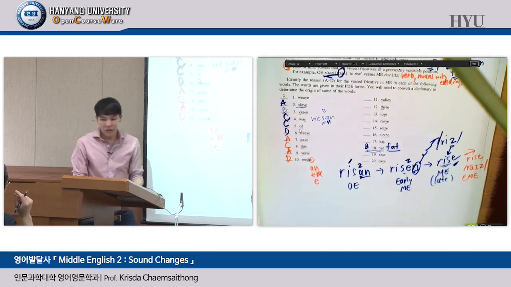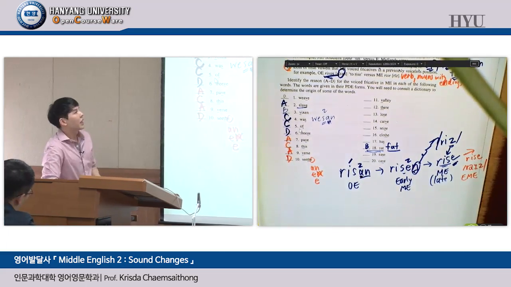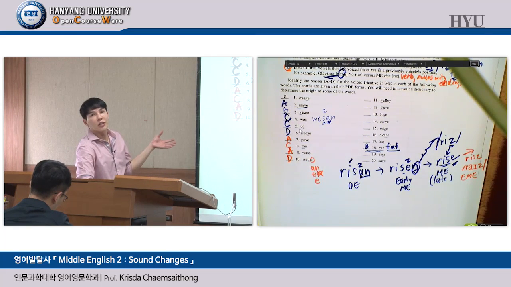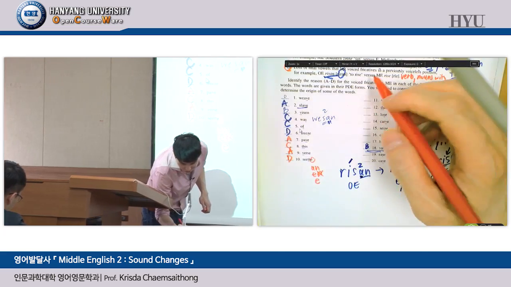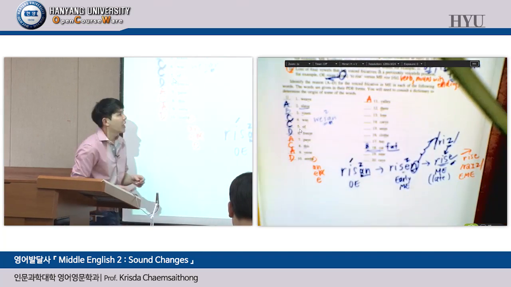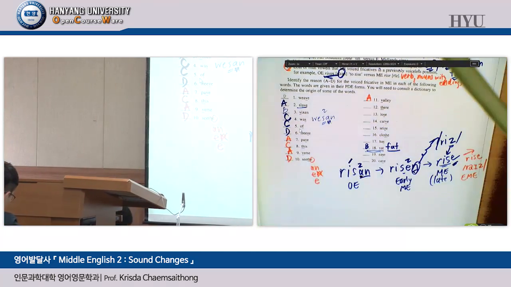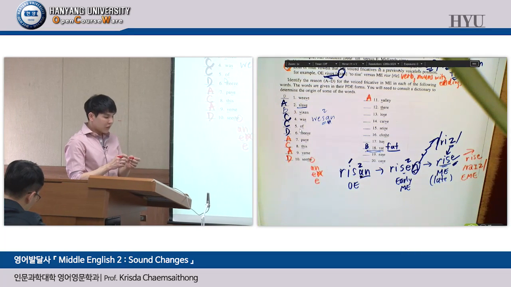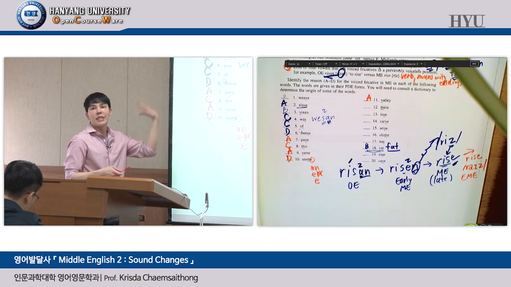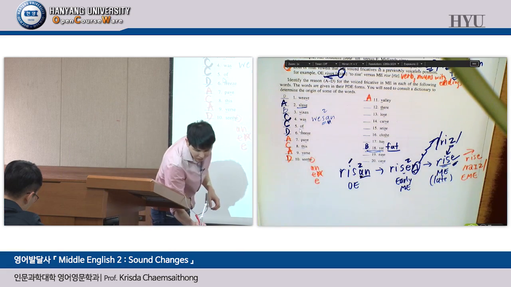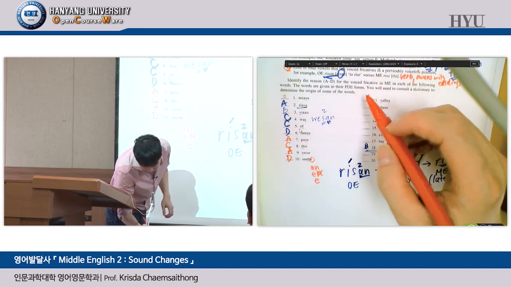Number 11, valley. Valley is a noun, right, that starts with a V, which is a voiced sound. So we borrow that wholesale from French. So A is the correct answer. Number 12, there. There is an adverb, right? It's there, like that. So adverb would be the grammatical word.